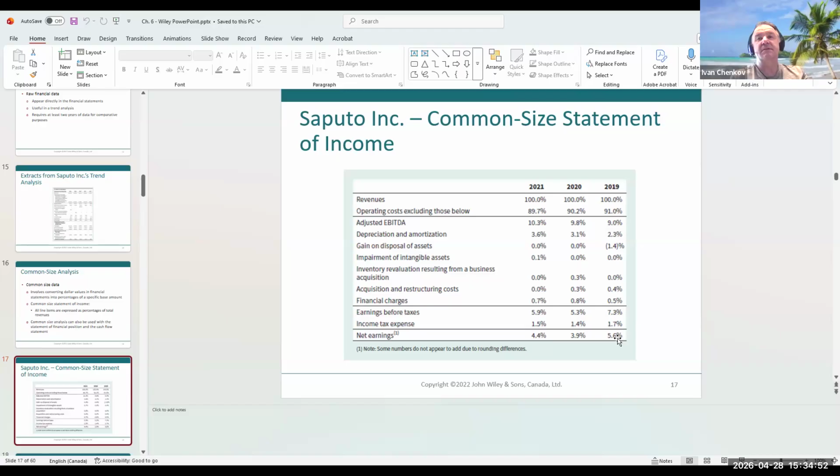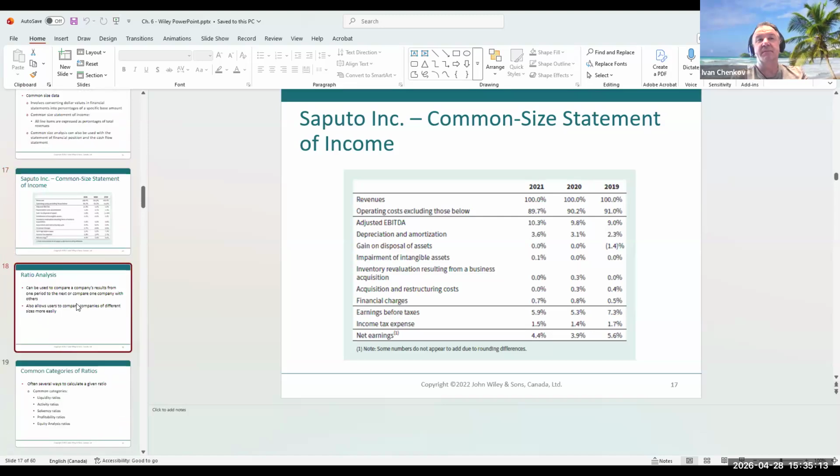And as you can see, for this particular company in 2019, their net earnings was 5.6. So for every dollar of sales, they're getting 5.5 cents, then it drops down to almost 4 cents, and then climbs to 4.4 cents for every dollar of sales.